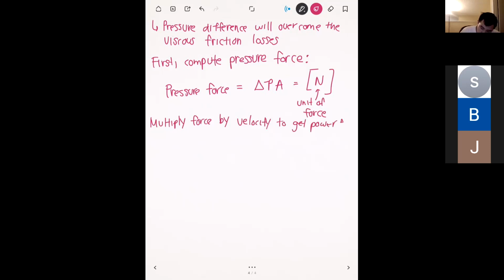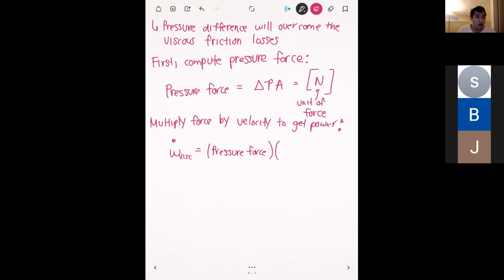The symbol for power, I usually use the symbol W dot. Since this is the power that's associated with overcoming friction, we'll call it W dot visc. We need to take our pressure force and multiply it by the flow velocity, or the velocity of blood going down this blood vessel.